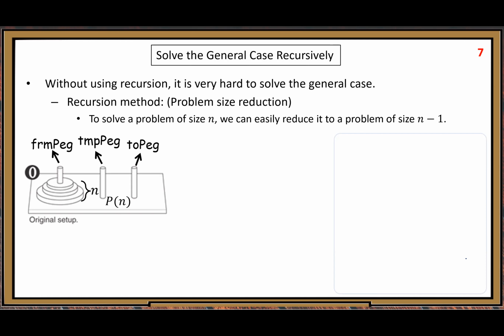Then, the 3 pegs, we give them 3 different names, because later, when we write the pseudocode of the implementation, the recursive function, we need to use these 3 pegs as the variables, as the parameters. So: from peg, the destination, to peg, and the middle one, the temporary, TMP peg.